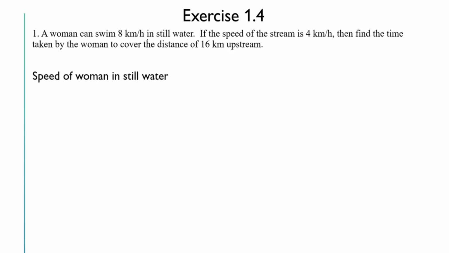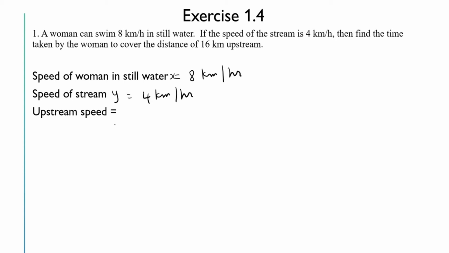So first, the speed of woman in still water is given as 8 km per hour. Then the speed of the stream. Here we use the notation x for speed in still water. The speed of stream y is given as 4 km per hour.